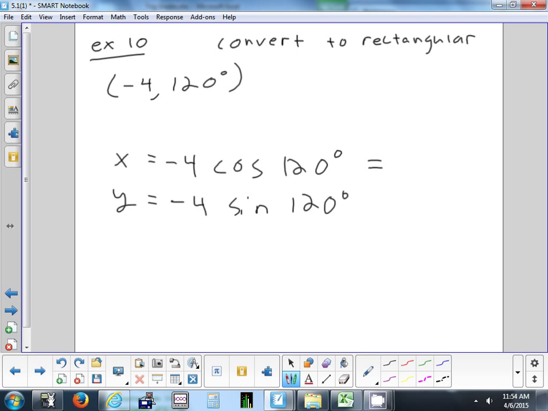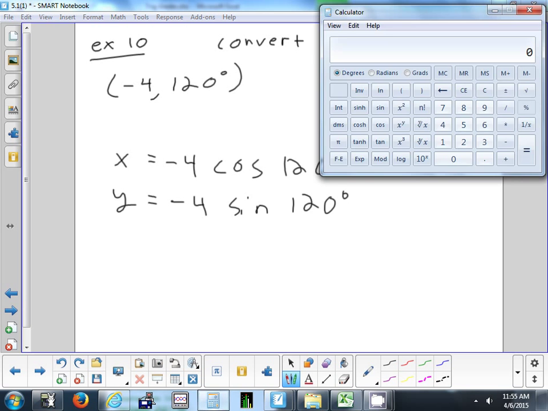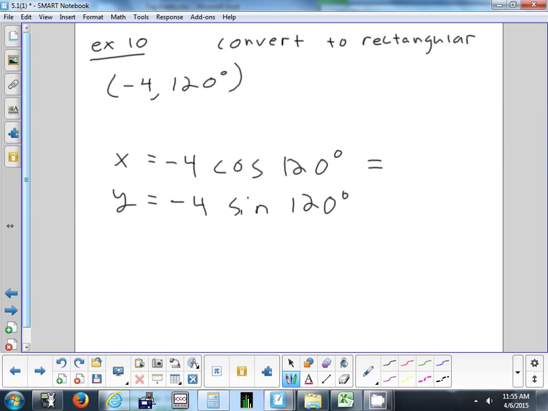Anybody figure out the decimal for what x comes out to? You got 2? If you take your cosine of 120, you're going to get negative a half. Negative a half times a negative 4. Negative times negative is positive. Half of 4, 2. I don't think the decimal for sine is going to come out quite as nice. What does sine come out to?